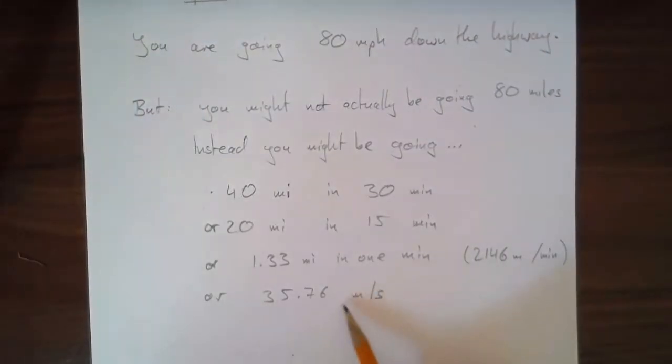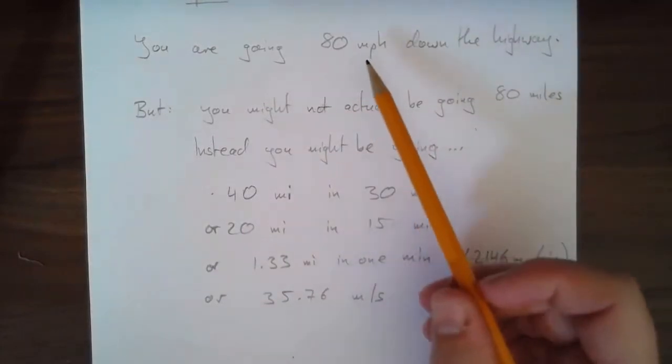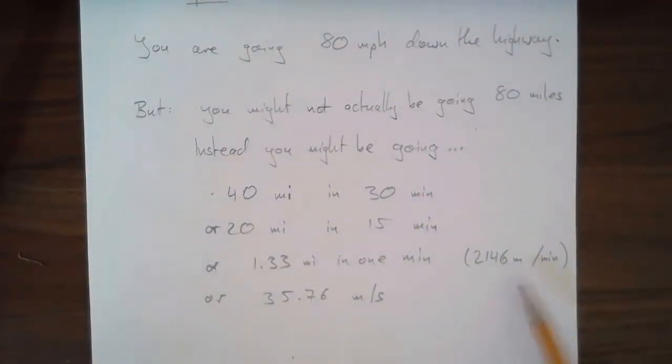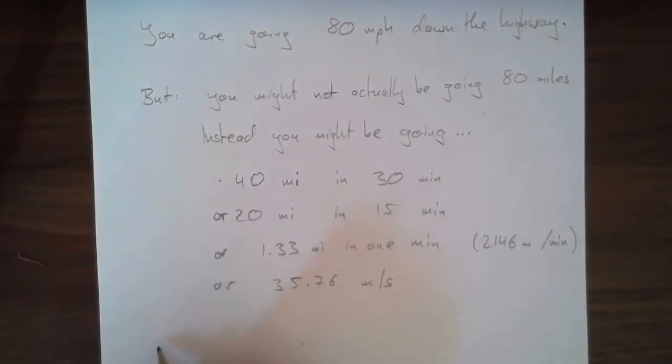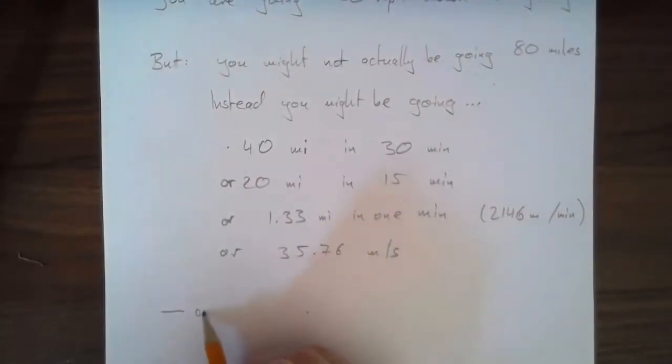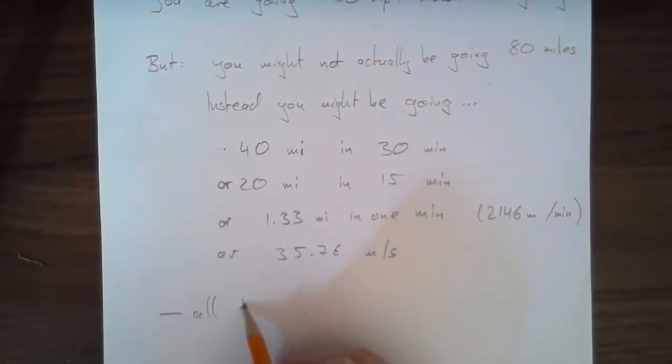That's the unit we like to use in most applications in physics. So we're going 35.76 meters in 1 second. That is the same as going 80 miles per hour, regardless of for how long you're actually going or how far you're actually traveling, right? So all of those are the same speed.